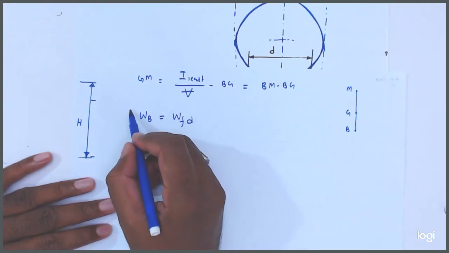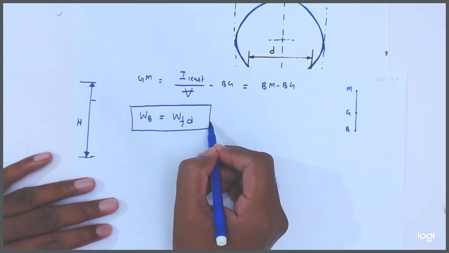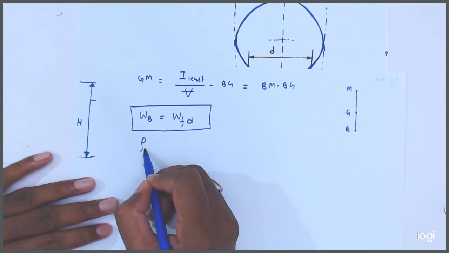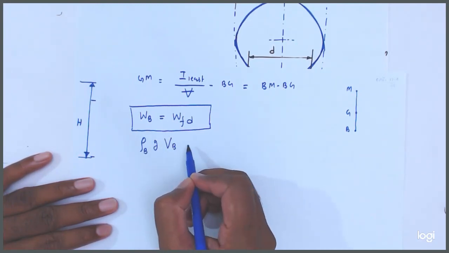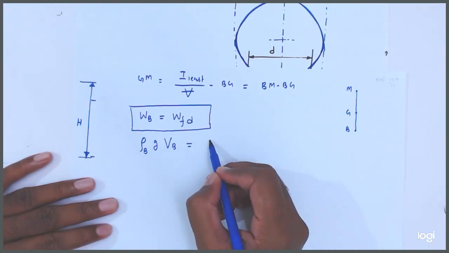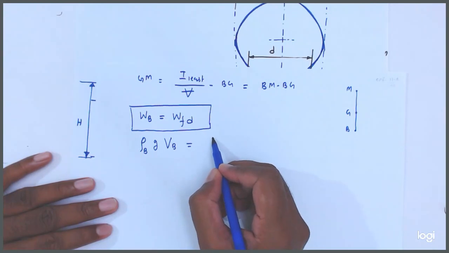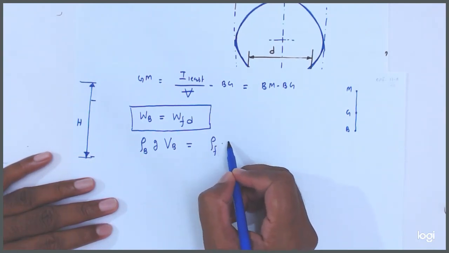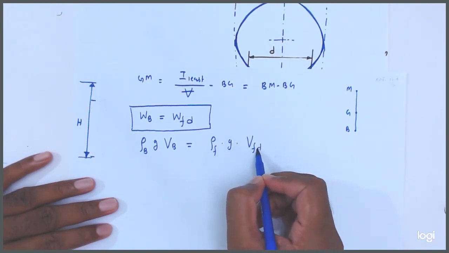We know this formula. So what is the weight of the body? Weight of the body is equal to density of body into g into volume of body, equal to the weight of liquid displaced. It is equal to the density of fluid into g into volume of fluid displaced.